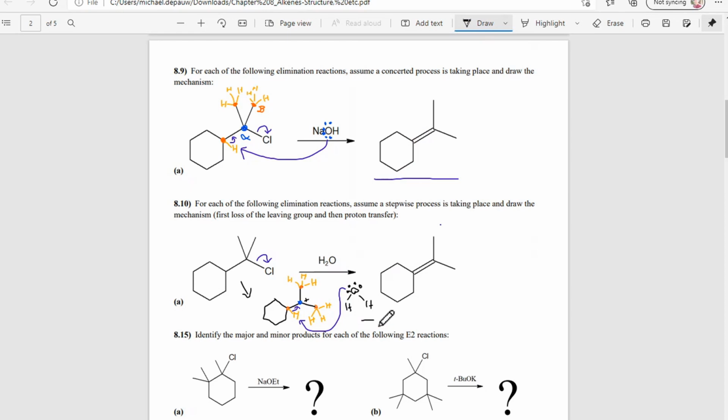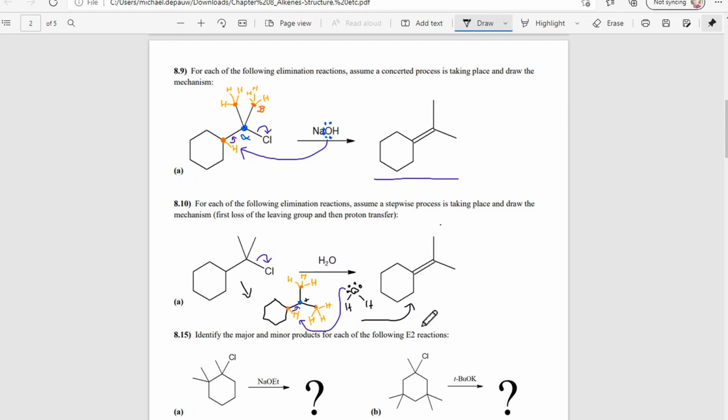Now, the truth of the matter is, under normal circumstances, the substitution reaction would probably be preferred. You get both substitution and elimination, but the substitution reaction would actually be the preferred one.